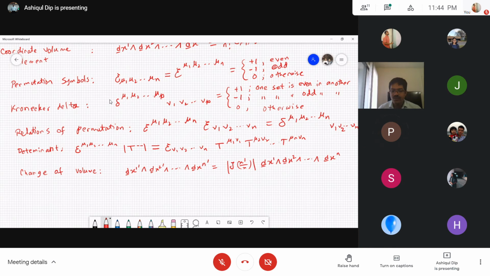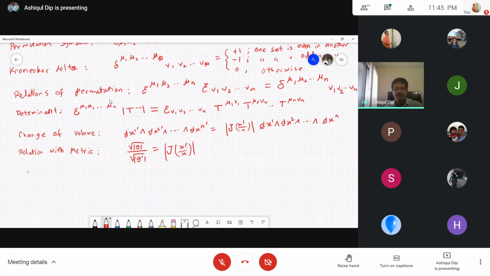Then we had a relation between metric tensors: square root of g divided by square root of g prime equals J, right?